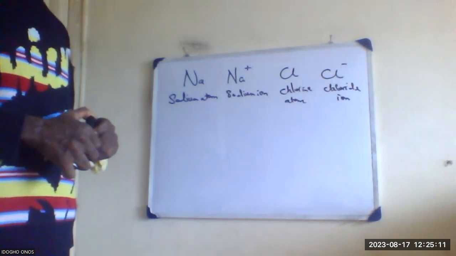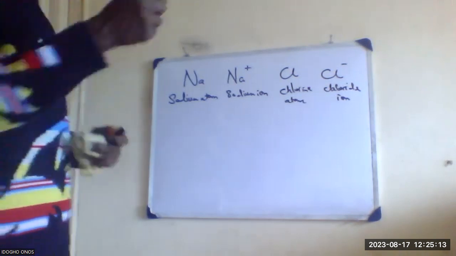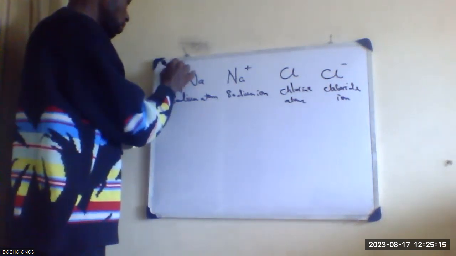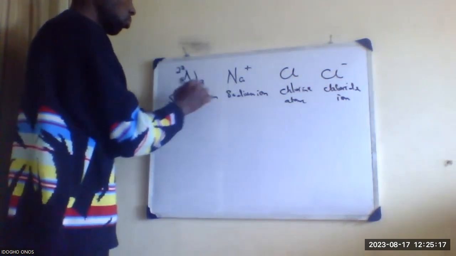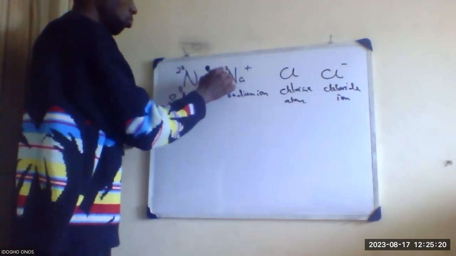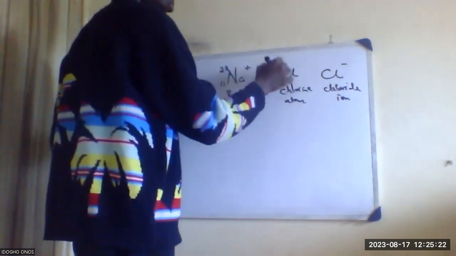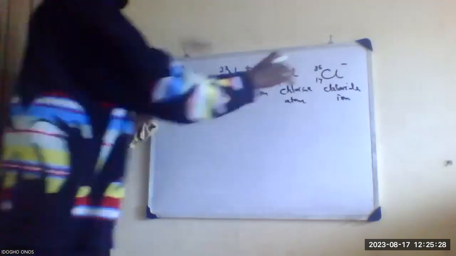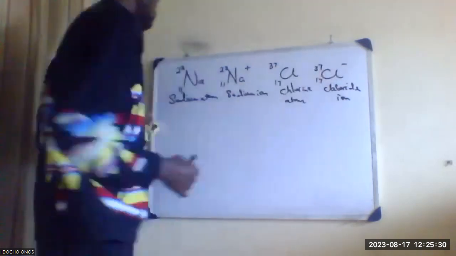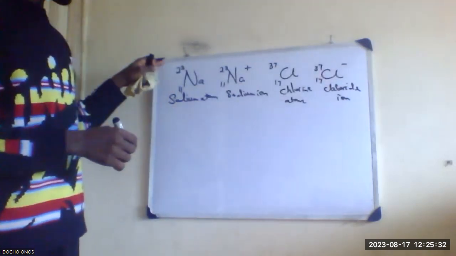Are you with me now? Okay. I'm going to be adding something gradually now. Can you see the board? Yes. So this 11 and this 23.